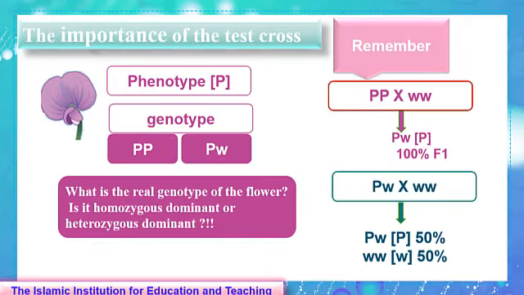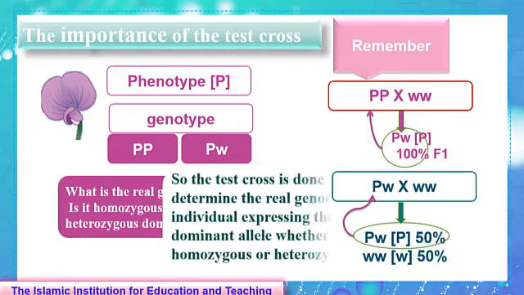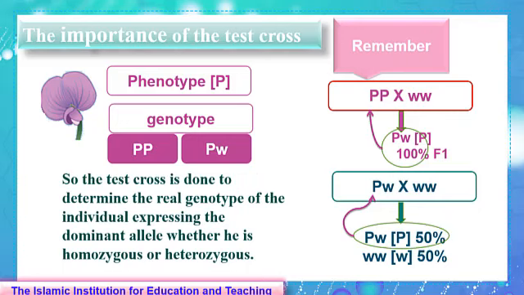So, when the descendants are 100% hybrids, the parent expressing the dominant allele is homozygous dominant. But when 50% of the descendants are hybrids, then the parent expressing the dominant allele will be heterozygous dominant or hybrid. So the test cross is done to determine the real genotype of the individual expressing the dominant allele, whether he is homozygous or heterozygous.